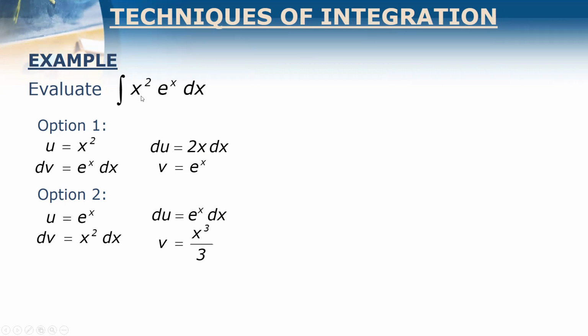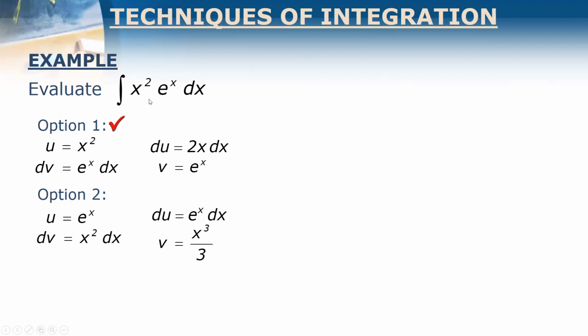What happens is, ga-increase ang power, which is not a good choice ba? Because as much as possible, we're going to decrease the exponent of x. Therefore, we will choose option 1.